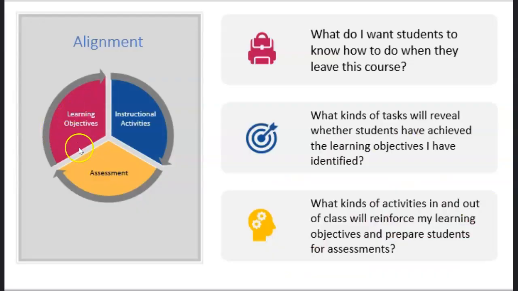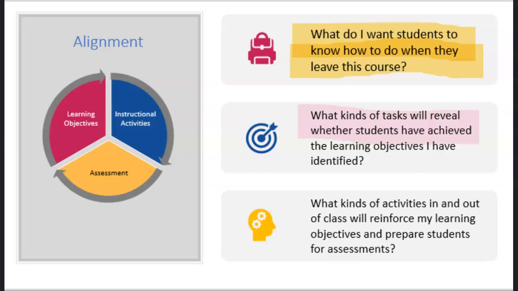There has to be a complete alignment between learning objectives, instructional activities, and assessment. So these three questions must be asked. 1. What do I want students to know how to do when they leave this course? 2.